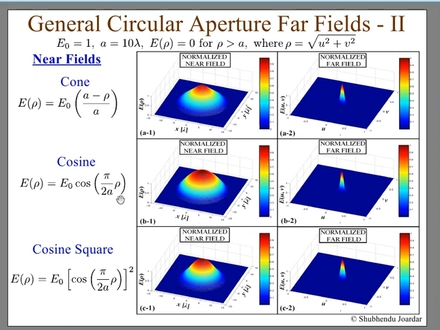Then for this cosine excitation, you see the shape is different. This is conical, like a triangle; if you cut a slice of it, you will get a triangle. And here you will get side lobes which you are not able to see. Then cosine square, the square of the cosine. For this function you will get this.